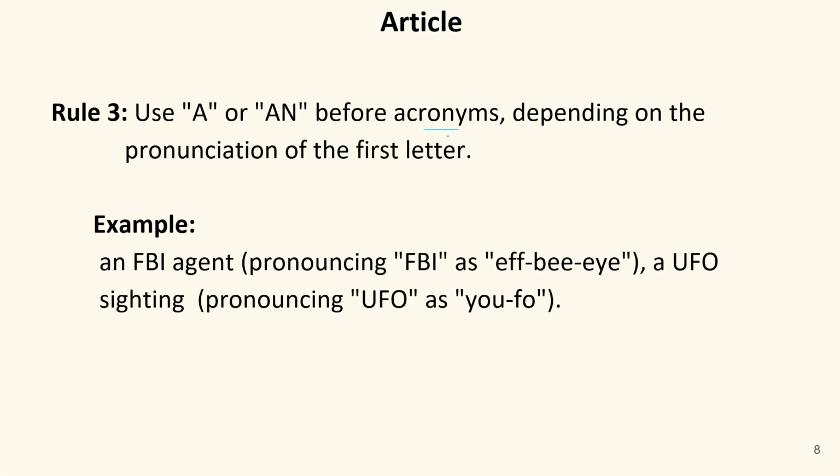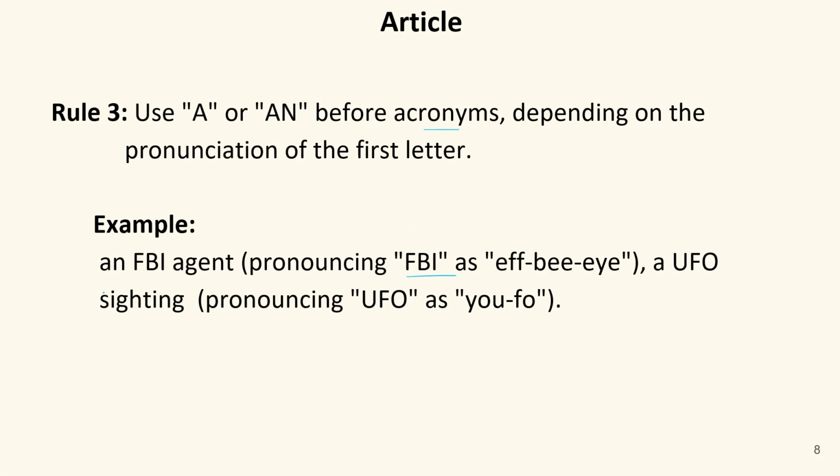A or an before acronyms. We use these before acronyms also. For example, if we talk about FBI, it should be pronounced as eff-bee-eye. It means in Hindi, it begins with a swar, a vowel sound.